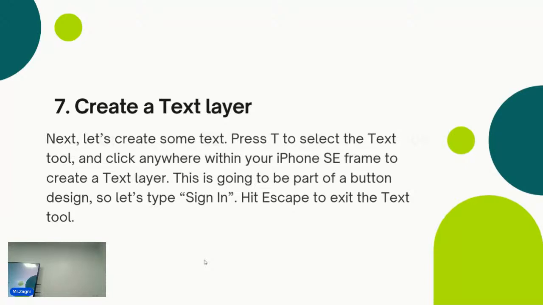Have you been able to do that? Are we good? T, that's a shortcut. It says that here. You can also select the text tool and click anywhere within the canvas.